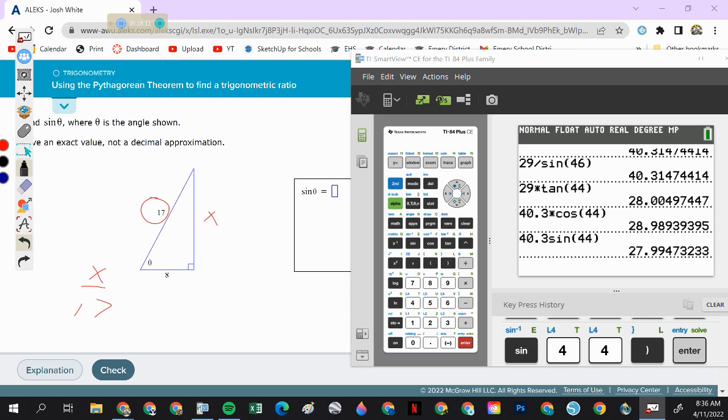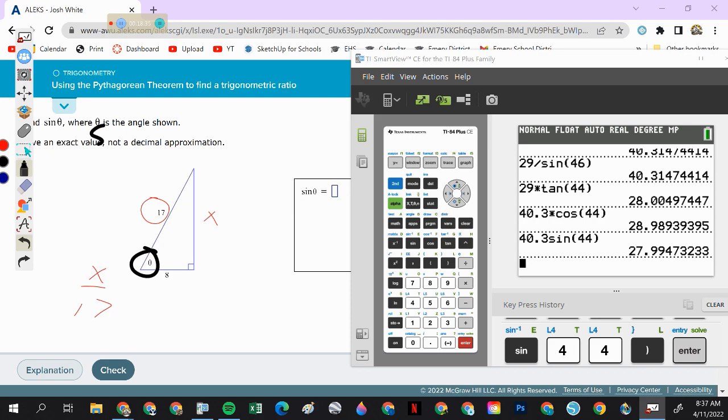No. So the question says, if this is the angle I'm focusing on, what is the opposite side divided by the hypotenuse? So it doesn't want to know how big theta is. It wants to know how big sine of theta is. Pythagorean theorem.